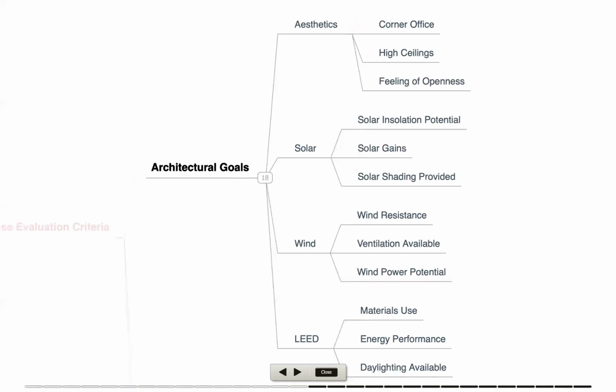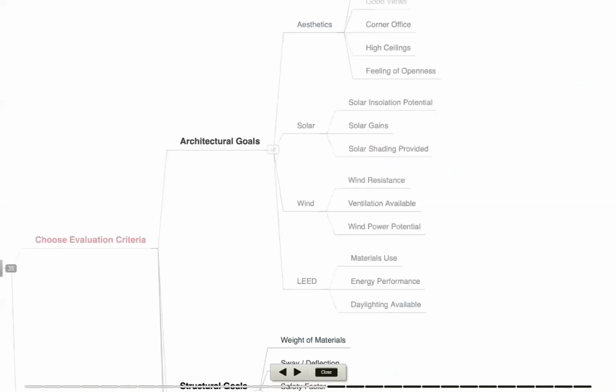We can think about the wind and its resistance, the wind power potential, or the ventilation that might be created. We can think about it from a LEED perspective and think about the materials being used, their energy performance, and how that affects LEED, or even the daylighting that's available. So there are a lot of different potential goals we might have, and any of these goals might lead to a criterion by which we could judge the design and figure out whether we think it's a good design or not.